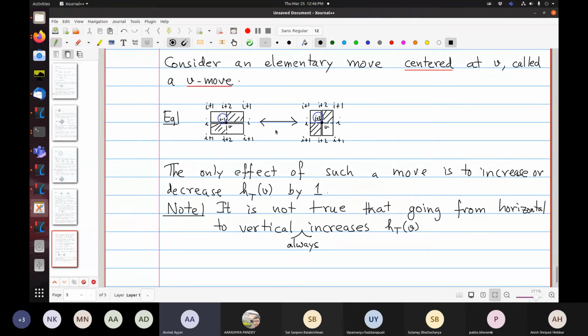In this case it does, but you might be tempted to think that the all horizontals has height 1. So every time I go from horizontal to vertical, I will increase the height by 1. But this is not always true.